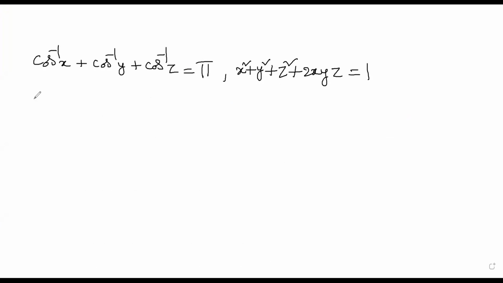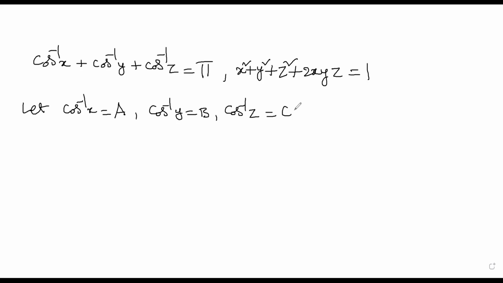Good question. So let's say cos inverse x happens to be A, cos inverse y happens to be B, cos inverse z happens to be C. So let's put like this. Your cos A is x, cos B is y, and cos C is z.